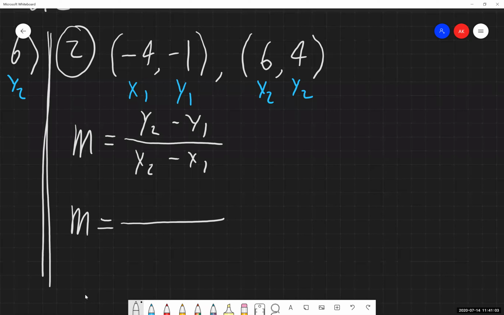A lot of people rush this step in their process, and lots of people make lots of errors because of this. So again, when you're substituting things in, do it inside of parentheses, because right here is where people make mistakes. They see, okay, y sub 2 minus y sub 1. Well, y sub 1 is -1. Well, it's already a negative, so I can just put in -1 in there.